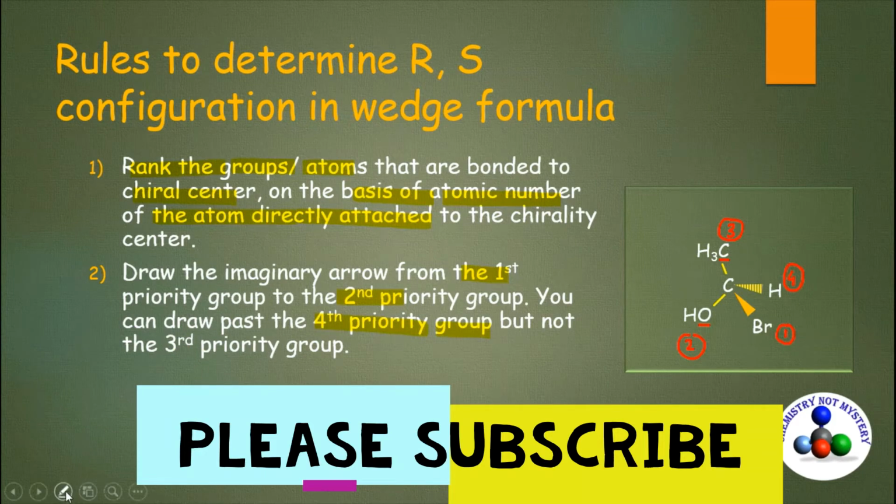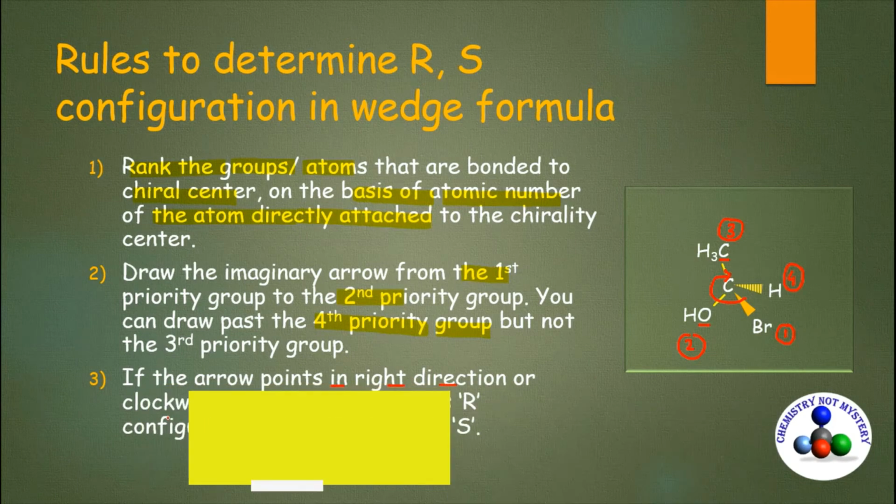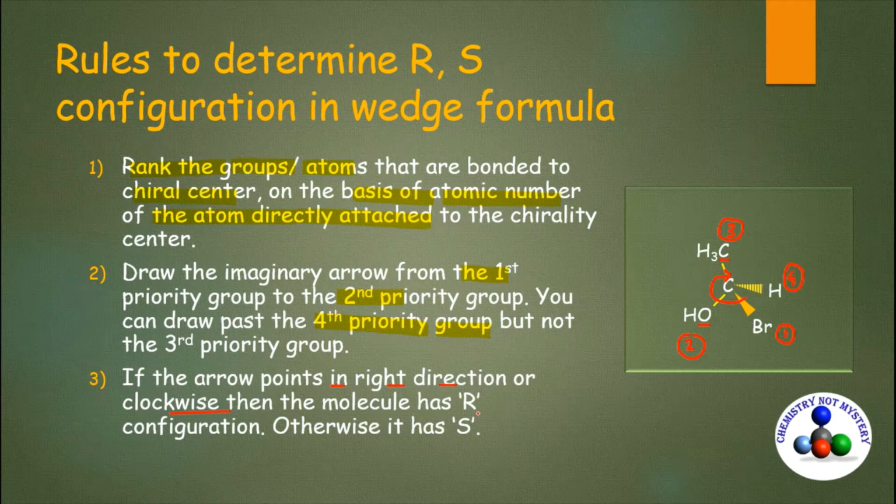So let's try to draw an arrow from first priority to the second priority. So in this way, we can draw an arrow in clockwise direction. So if your arrow points in the right direction or in clockwise direction, then the molecule will get R configuration. That means this given molecule has R configuration.